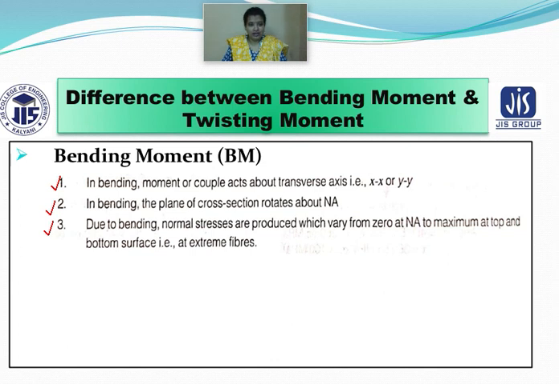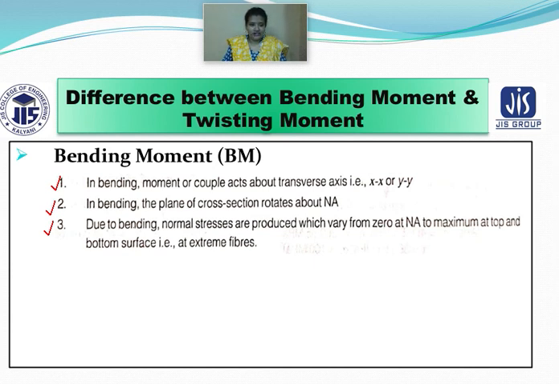So again I am repeating, if I talk about the bending moment, then in bending basically moment or couples both act about the transverse axis, which you can consider to be the XX direction or YY direction. But one more thing you have to keep in mind: in case of bending, the plane of cross section always rotates about your neutral axis.